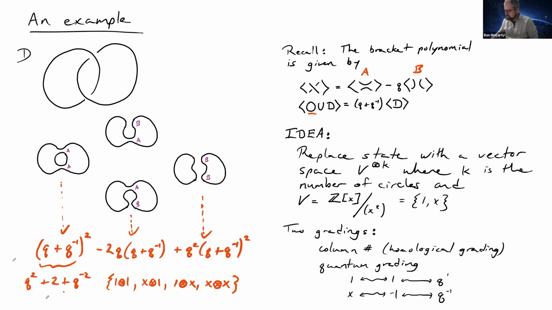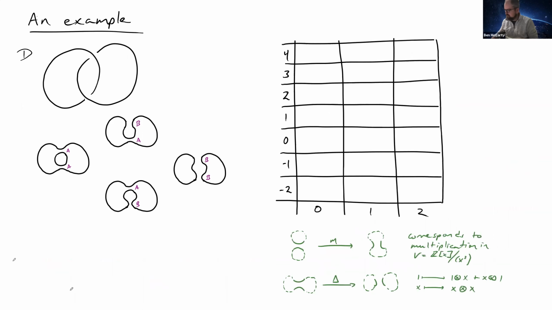Now, let's go ahead and look at what the calculation would look like here. As we just observed, I've got an X tensor X here. I've got a 1 tensor X and an X tensor 1, and I've got a 1 tensor 1 sitting here.